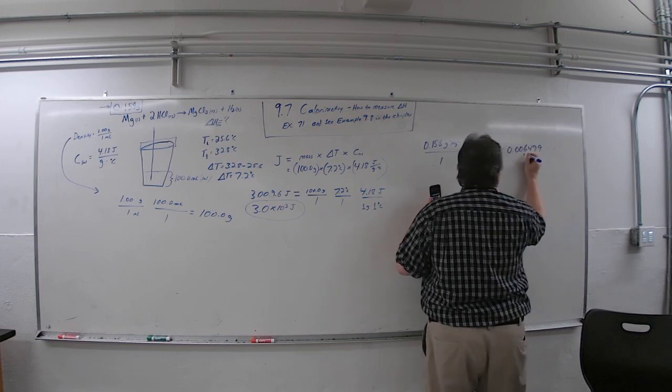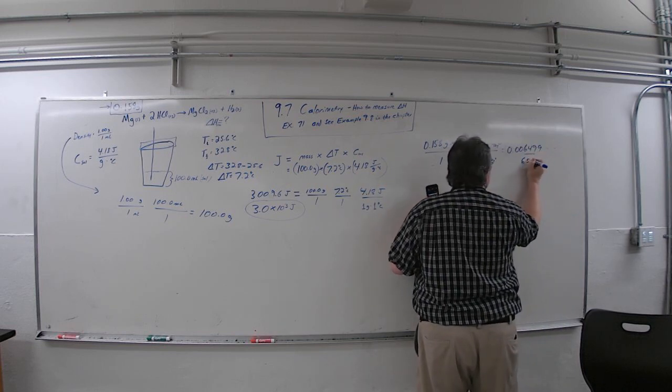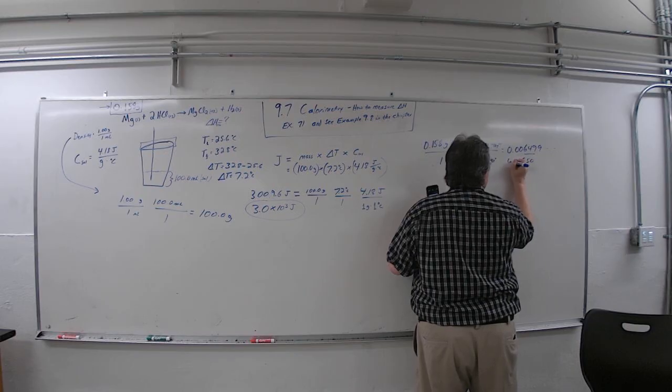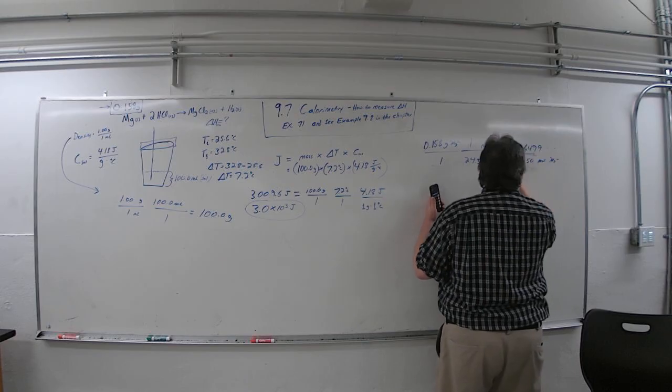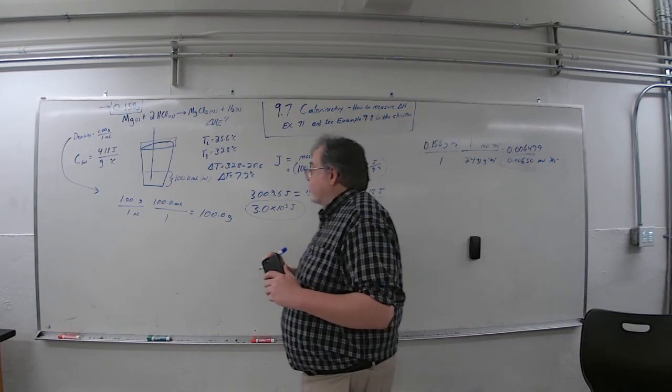Three significant figures, we're going to keep these, so we end up at 0.00650. That's how many moles of Mg was put in.